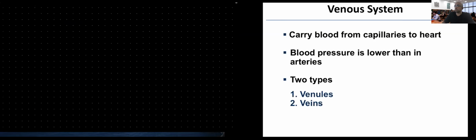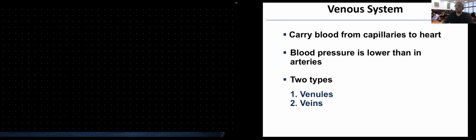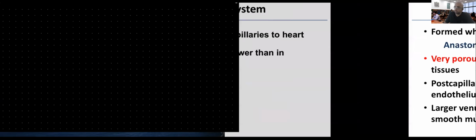Right, we're starting now our discussion of the third type of blood vessels that we have in the cardiovascular system, and those are the veins, and we classify those into two main types. Those are small veins, or the venules, and the actual veins.